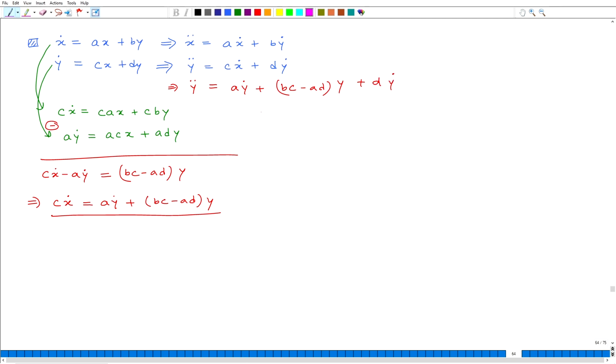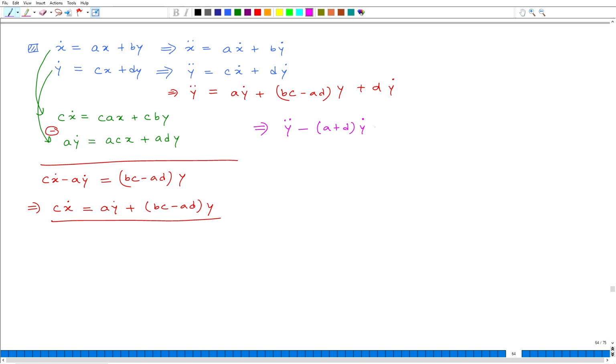And finally, we can write for y the resulting equation: y double dot minus a plus d times y dot, plus ad minus bc times y, is equal to 0.